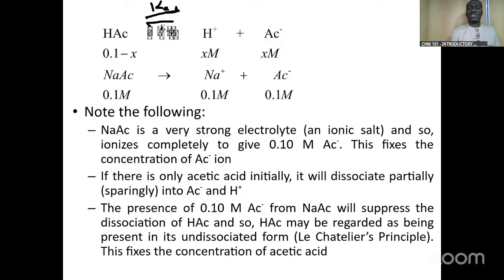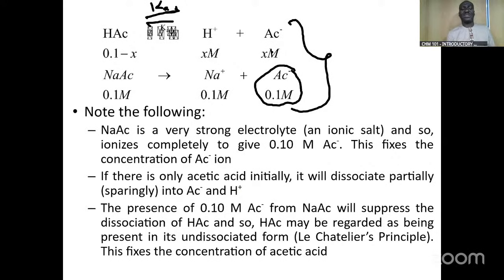All right, such that we can say, to a very close approximation, that any acetate ion in this solution will be exclusively from the sodium salt and not from the acid, because the one from sodium salt is 0.1, the one from acetic acid is usually about 3.33% ionization.